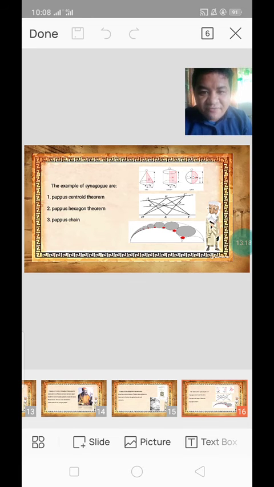Then next is the Pappus hexagon theorem. It states that for every 2 triples of collinear points A, B, C and small a, b, c, we have 6 lines. We have large A to small b. I think that is the line segment.